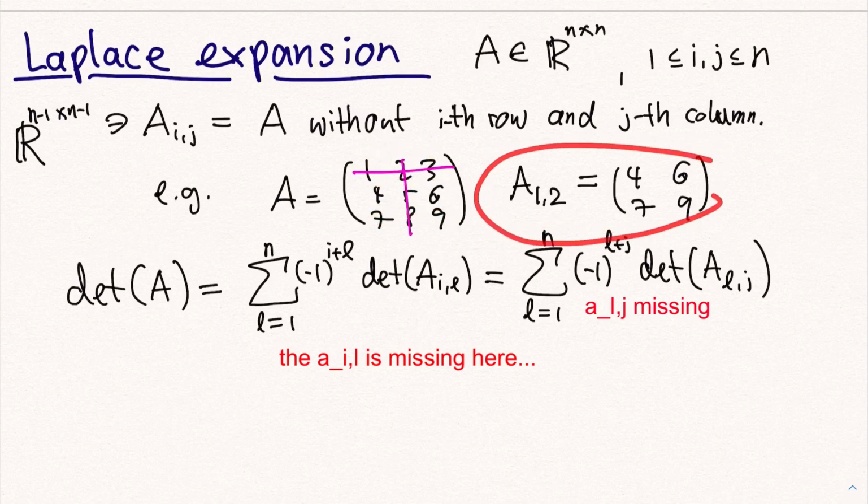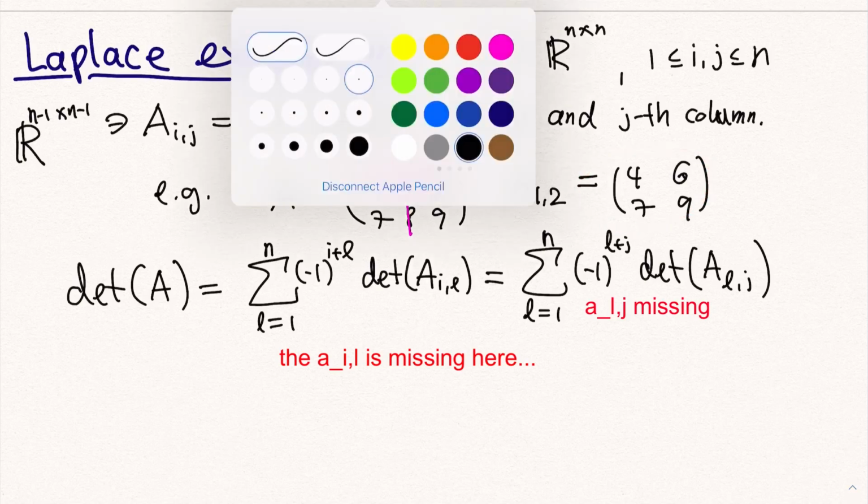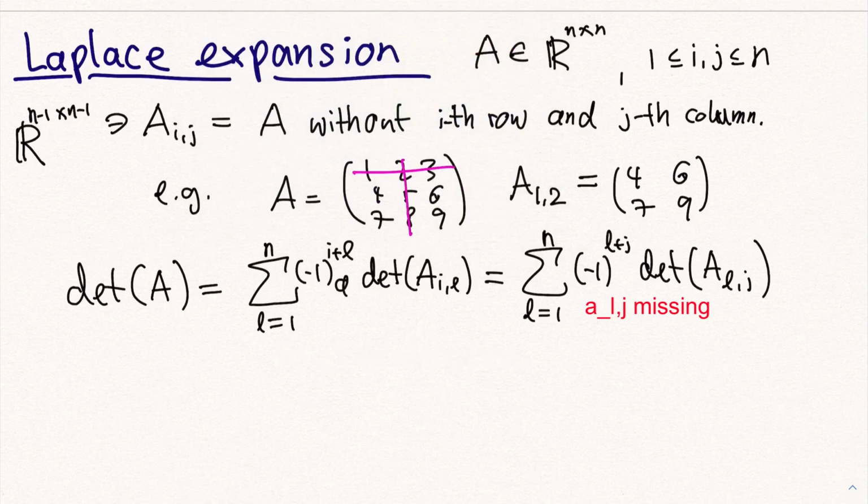So the contribution here would be minus 1 times the determinant of, oh, I also forgot to put here the A_ij, and here also A_ij, sorry. So in this case I need to multiply with minus 1 times 2 times the determinant of the remaining matrix.